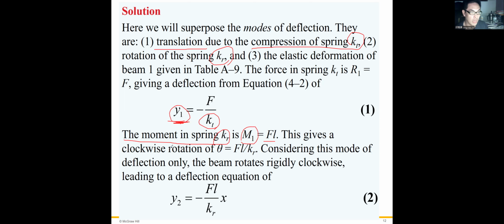This gives the counterclockwise rotation theta equals FL over Kr. Consider this mode of deflection only: the beam rotates rigidly clockwise, leading to the deflection y2. So there are two deflections, one from the translation and the second from the rotation.